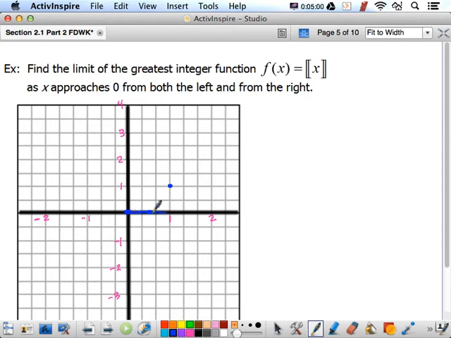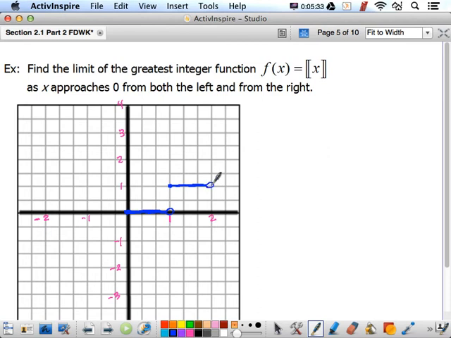So everything in here is 0, but the moment I hit 1, a circle opens up and the actual value hops up to 1. And anything I plug in between 1 and 2, like 1.1, 1.2, up to 1.9, all of those have a y value of 1.